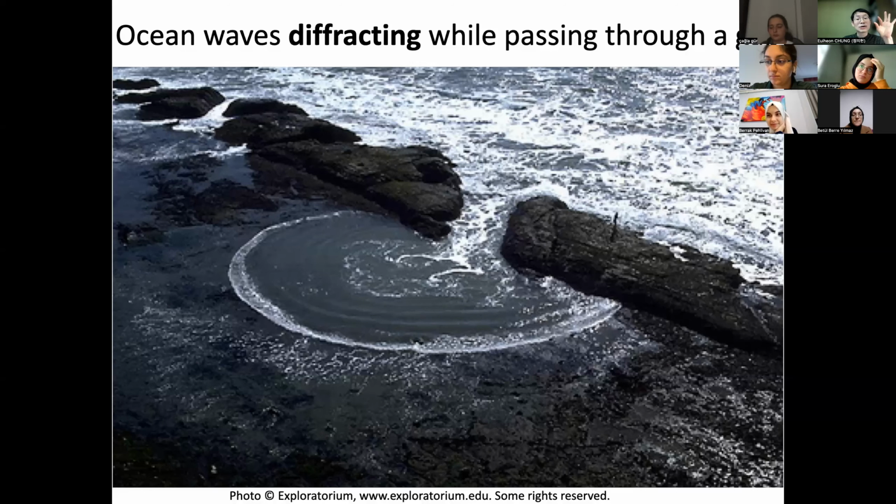The wavelength is about 400 to 700 nanometers. It's tiny for us. So that's why we can see that tiny object by using microscopy. And at the same time, this diffraction is a universal phenomenon for any waves. So here it's actually a water wave.